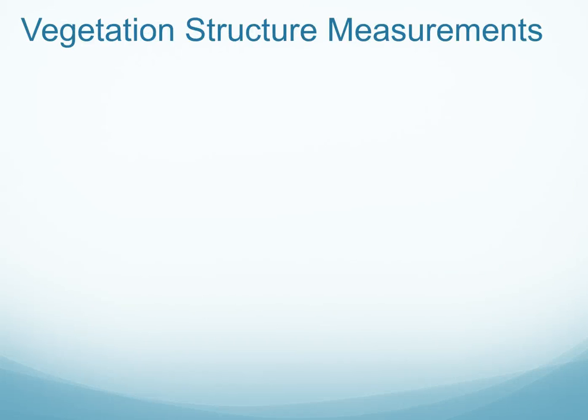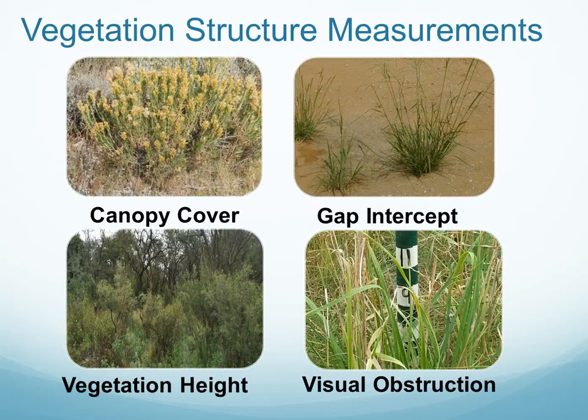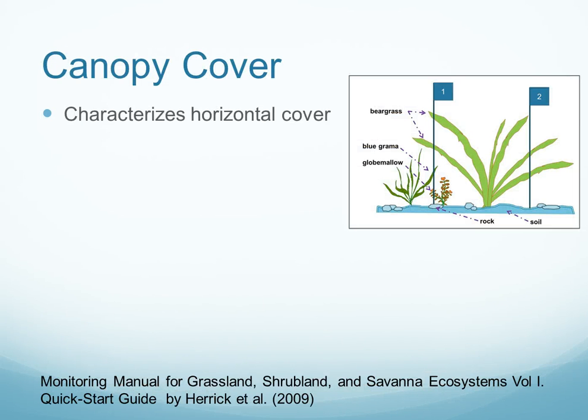In order to measure vegetation structure, we often take multiple measurements and then combine that information. The types of measurements that are most often used to describe vegetation structure are canopy cover, gap intercept, vegetation height, and visual obstruction. And so we'll look at each one of these in turn. Now, canopy cover characterizes horizontal cover, and we've already reviewed this.